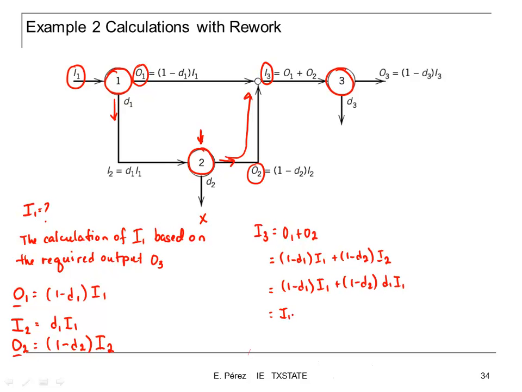So I3 is going to be equal to I1 times (1 minus D1 plus D1 times 1 minus D2). Thus, I1 is going to be equal to I3 divided by this (1 minus D1 plus D1 times 1 minus D2).